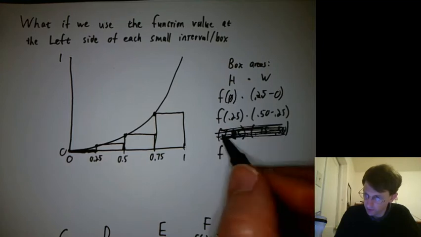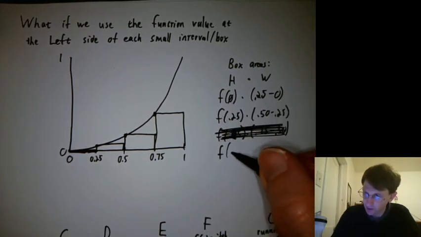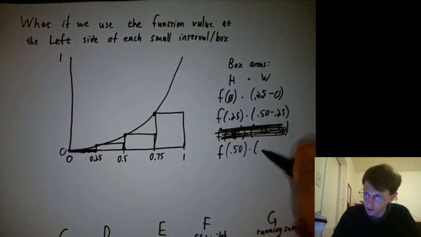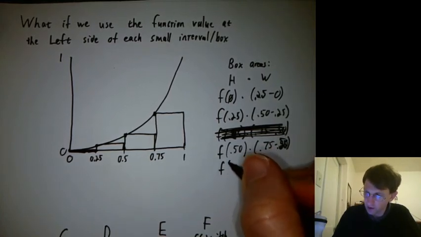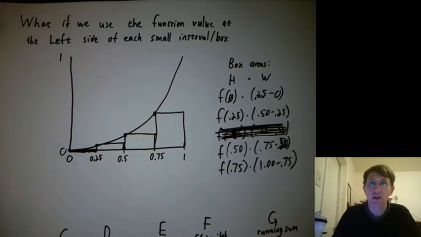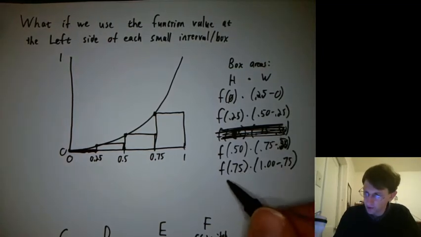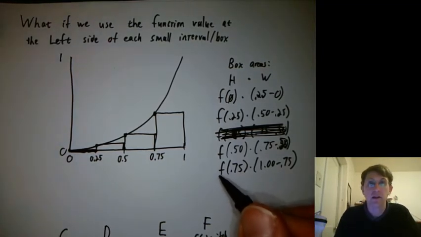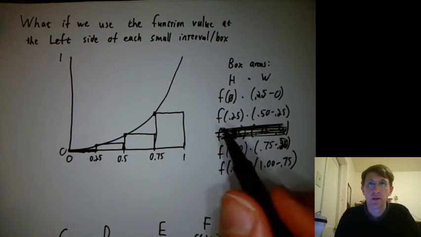Let's cross that out and write it again. So f of 0.5 times 0.75 minus 0.25, no, 0.5, and f of 0.75 times 1.0 minus 0.75. Phew! So if you add that all up, you get the total estimated area under the curve.